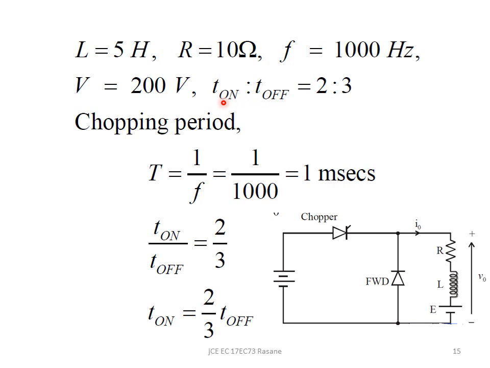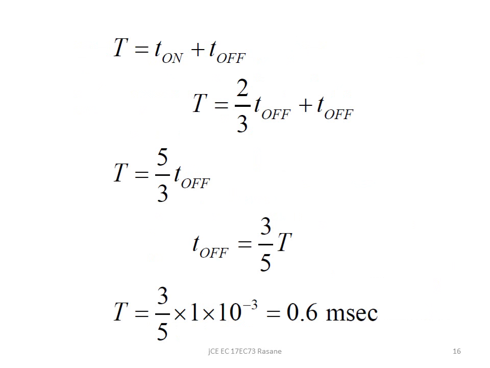That means if T on is 2, T off is 3. And the frequency has been given as 1000 hertz, so I'll get T as 1 millisecond. Now that I know the value of T and the ratio T on by T off, I know T on is equal to 2 by 3 into T off. We also know that T is equal to T on plus T off.